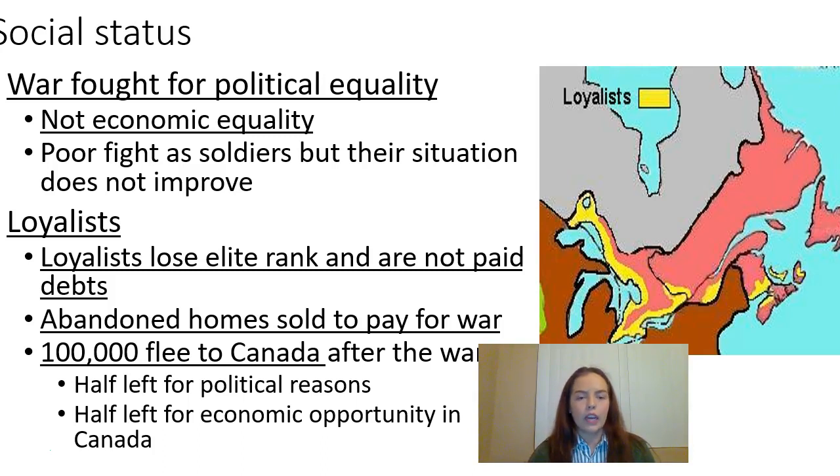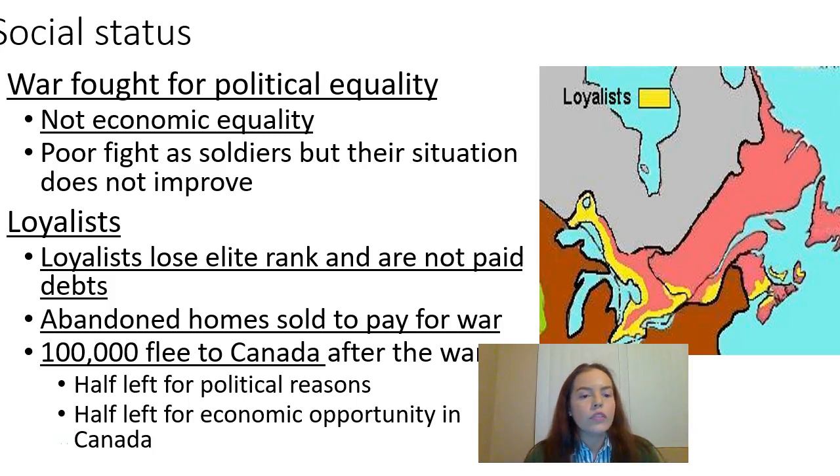It wasn't so much about economic equality, because the people who were poor before the revolution were still poor after the revolution. You had a lot of soldiers who were promised pensions and pay and retirement for their participation and their fight for American independence, but we do not see their situation improve after the end of the war.